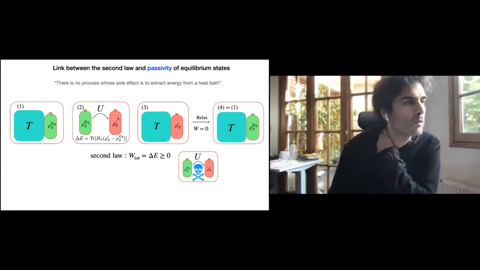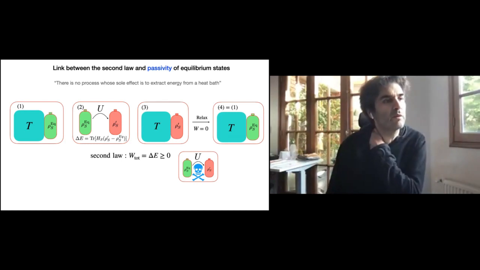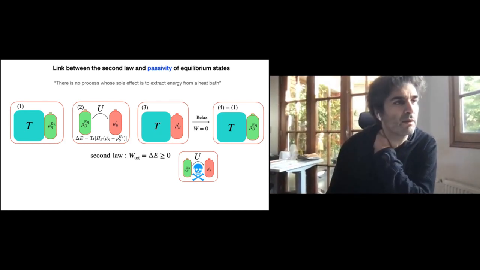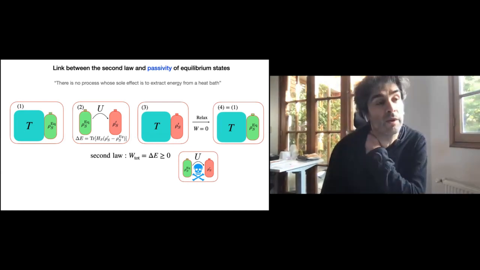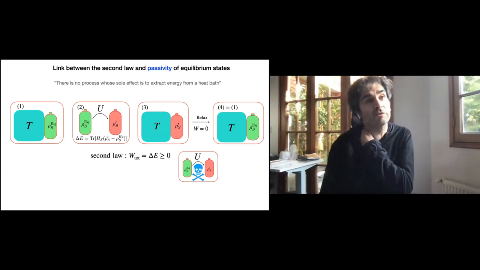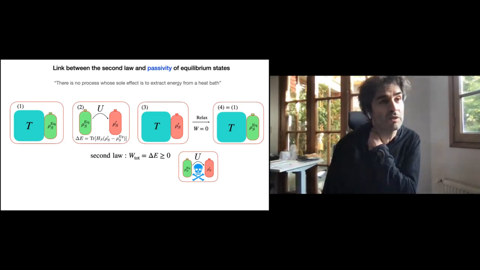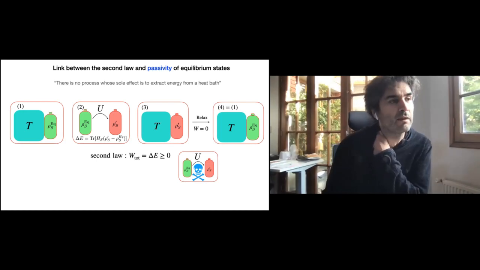And then we take the system in this state and put it again in contact with the thermal bath, and we wait for the system to relax to equilibrium. So we come back to step 1.